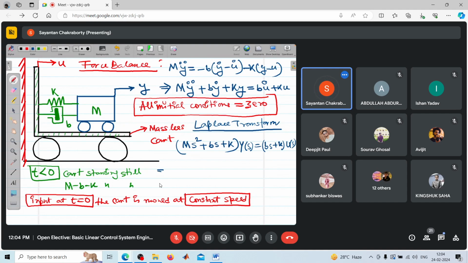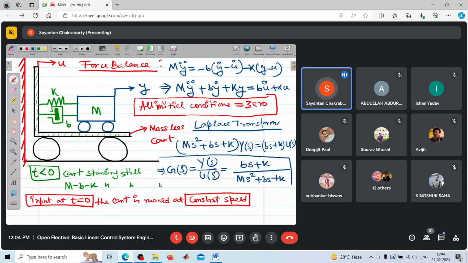Or you can write G(s) as the transfer function between output and input in the Laplace domain. So this transfer function will relate the displacement of the cart with the resultant displacement of the mass due to the displacement u in the cart.